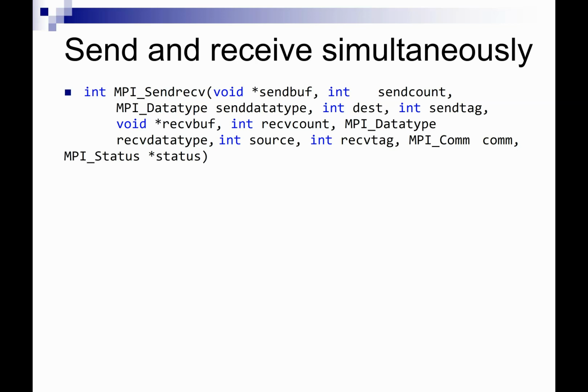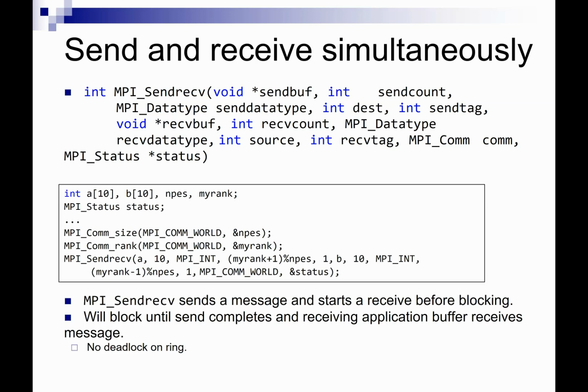There are a lot of arguments in this function, but they're basically what you expect if you want to combine the send and receive functions. I'm not going to go through all of them. I'll just show you how you can write the previous program, where you try to send in a ring, using this MPI send receive function and not have any deadlock.